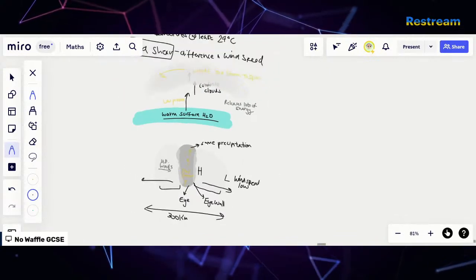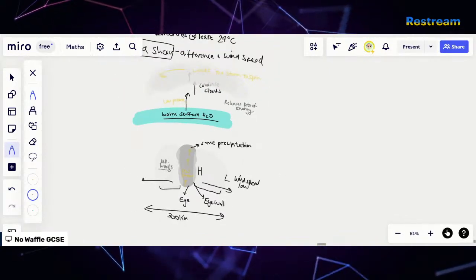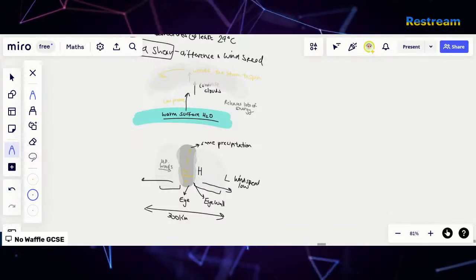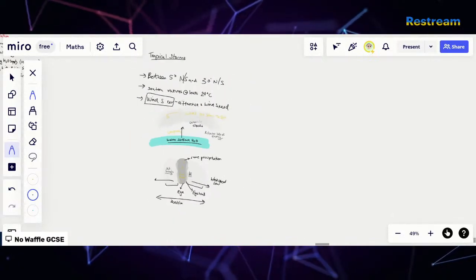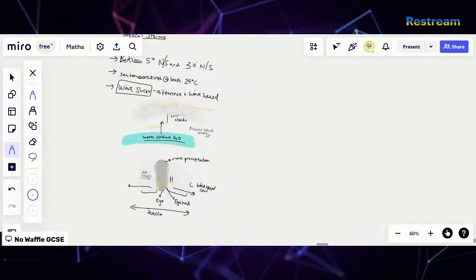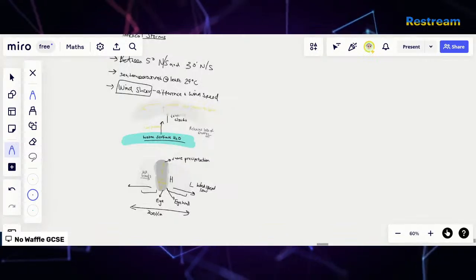But let's talk about how the storm moves, because where it forms is not normally the issue, but where it moves and where it affects is the issue. So let me get an image of tropical storms formation, because that will be easier.